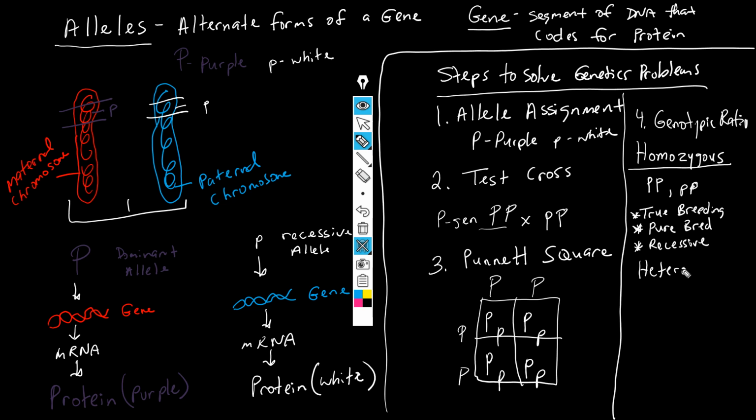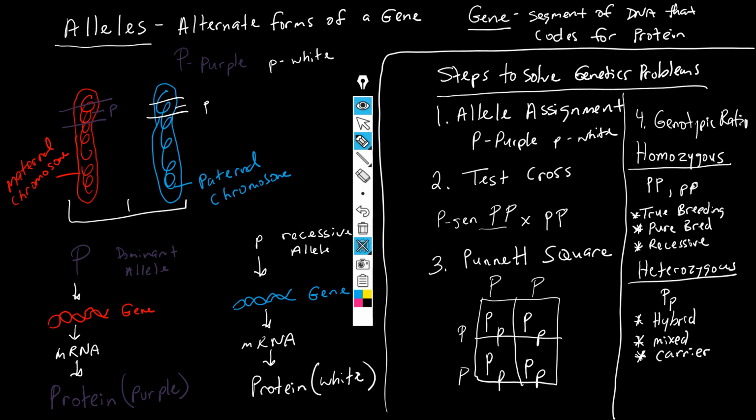The other option for genotypes is heterozygous, and there's only one example for that in this case, which would be big P, little p. Hetero means different, zygous still means joined. And some other words that you might see with heterozygous, sometimes they'll call it a hybrid. Sometimes it's referred to as mixed, or when we get to sex-linked traits, you'll hear heterozygous individuals referred to as carriers, also with some autosomal traits.